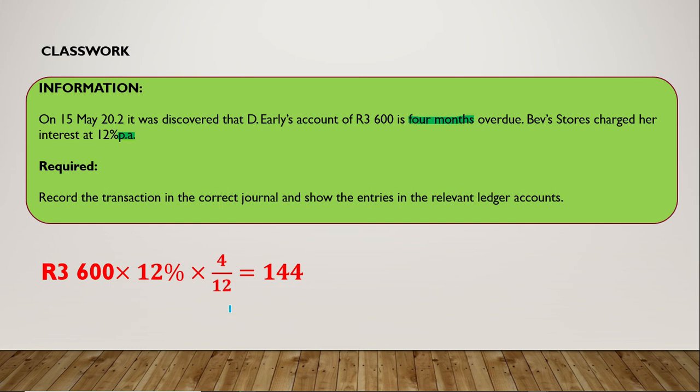But in this case, guys, we are not selling goods, but we are charging DLE interest. When we charge interest, we have to record it in the general journal. It cannot be recorded in any other journal except the general journal. I hope that makes sense.